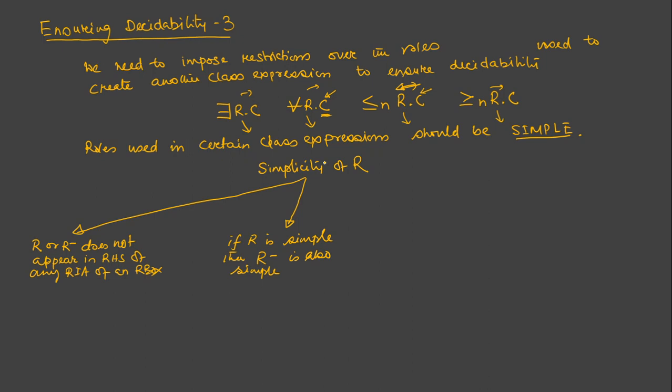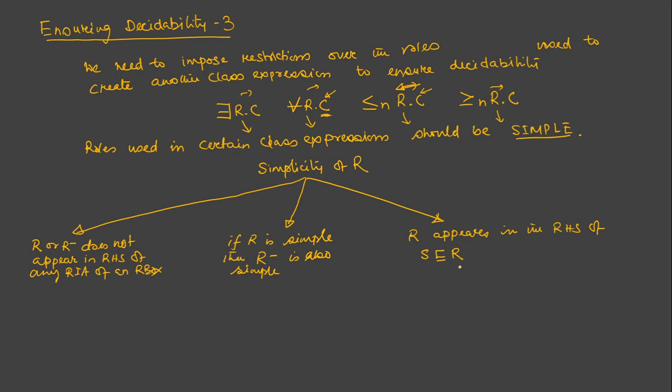right? Now the third case of simplicity says that R appears in the right hand side of a form like S is a subproperty of R, right?